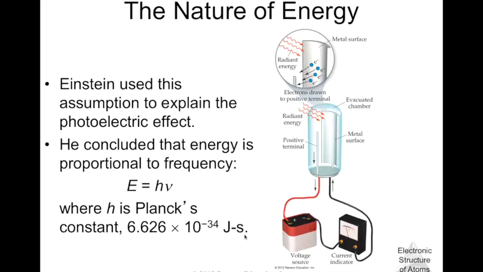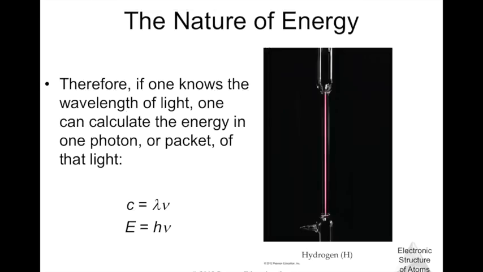This is not something you need to memorize. It will be a quantity that's given to you on the AP exam and in our tests. If you know the wavelength of light, you can calculate the energy of one photon, or packet, of that light. The speed of light is the wavelength times the frequency, so the energy equals that constant times the frequency.